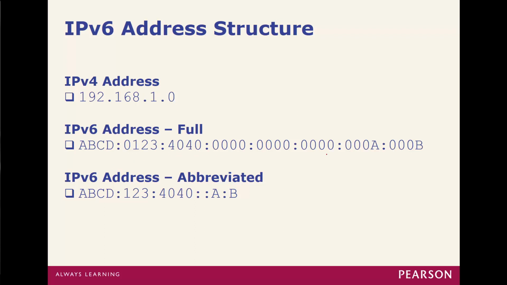When we have lots of zeros, we can remove leading zeros, and we can use a double colon, which we're going to get into because there are some rules for the double colon. We can only use it once, and we can only use it for a string of zeros.